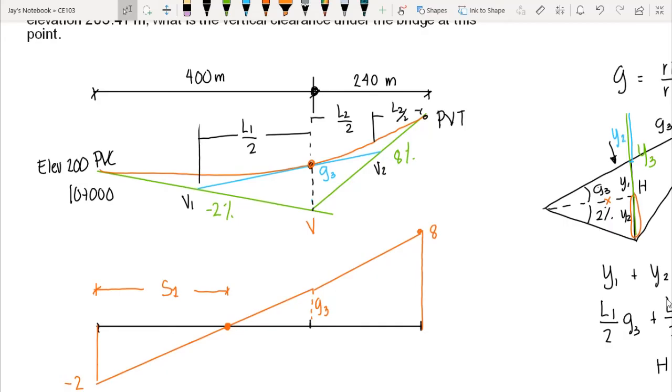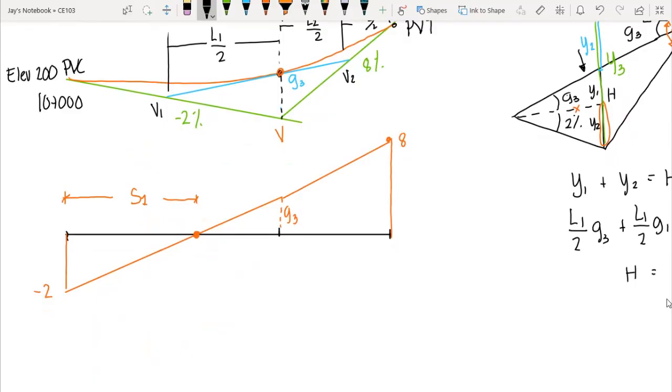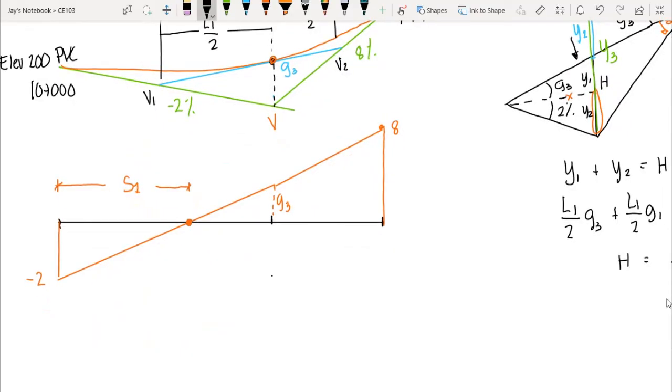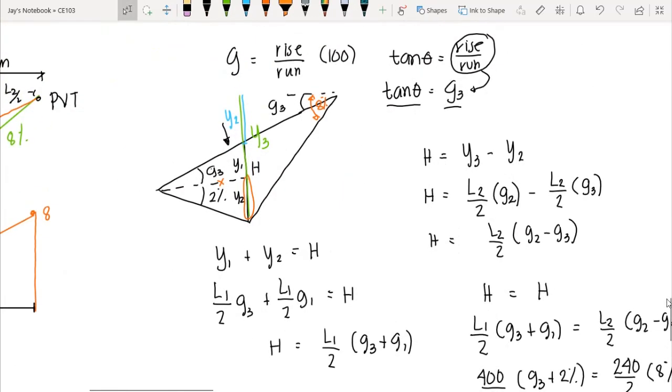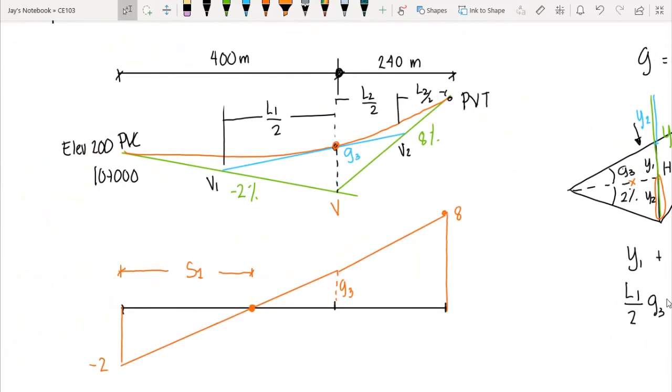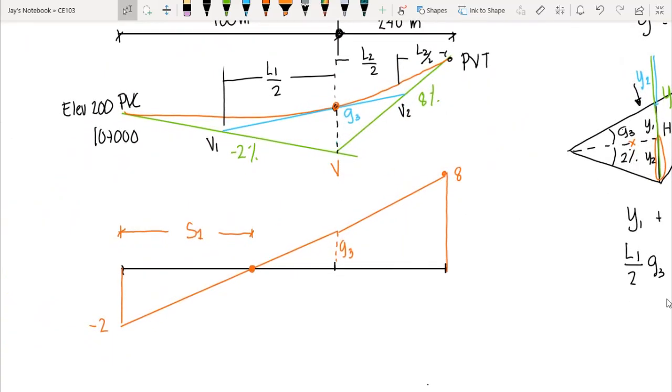So that means this should be like this diagram here, in which negative 2% is decreasing, and G3 is decreasing as well, like that, if we have negative G3. Okay? So we have an incorrect assumption if that would be the case. But since we have positive 1.75%, we have the correct orientation of G3, which is increasing.